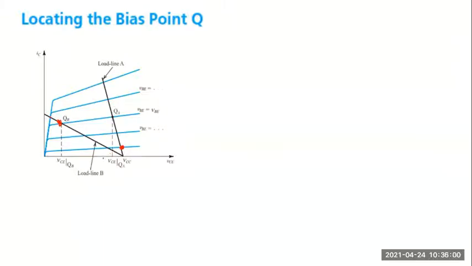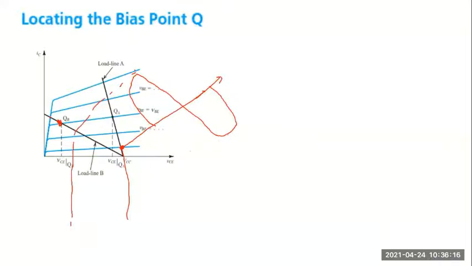Okay, let's take the example of cutoff. If the Q point is here, the input signal is like this. What will happen here at the output? When you do this perpendicular mapping, the DC load line is not at all there here.